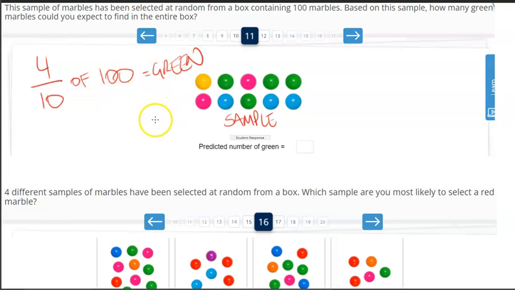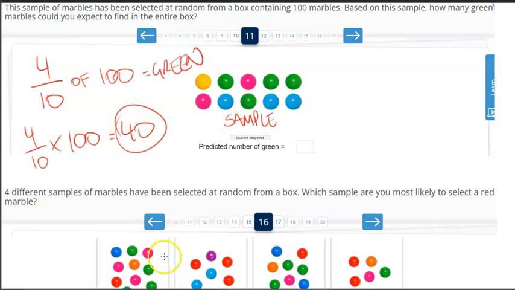So 4/10 of 100 will be green, because if 4 out of 10 were green, then it's safe to say that 4/10 of it, or 40% of the 100, is green. And to work this out, this is just 4/10 times 100. Now, if you're clued in to the maths, you don't necessarily need a calculator. This is just saying that 40 of them will be green.